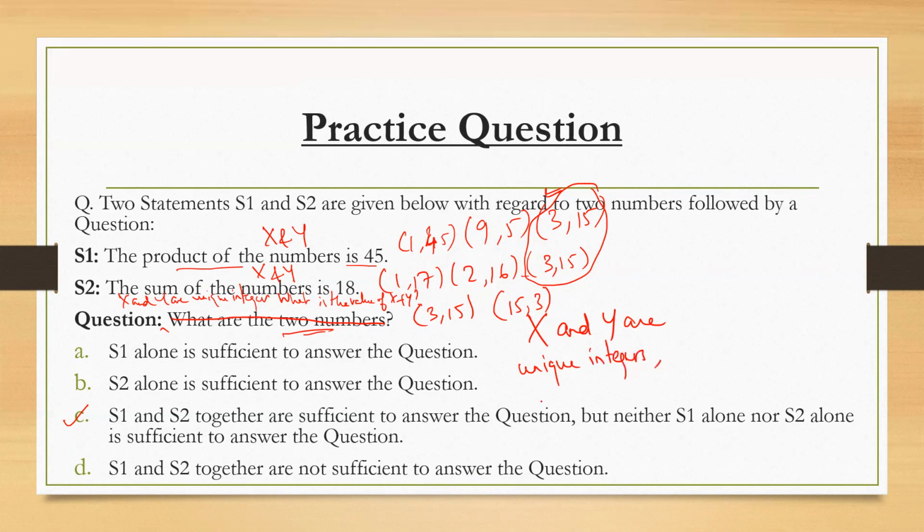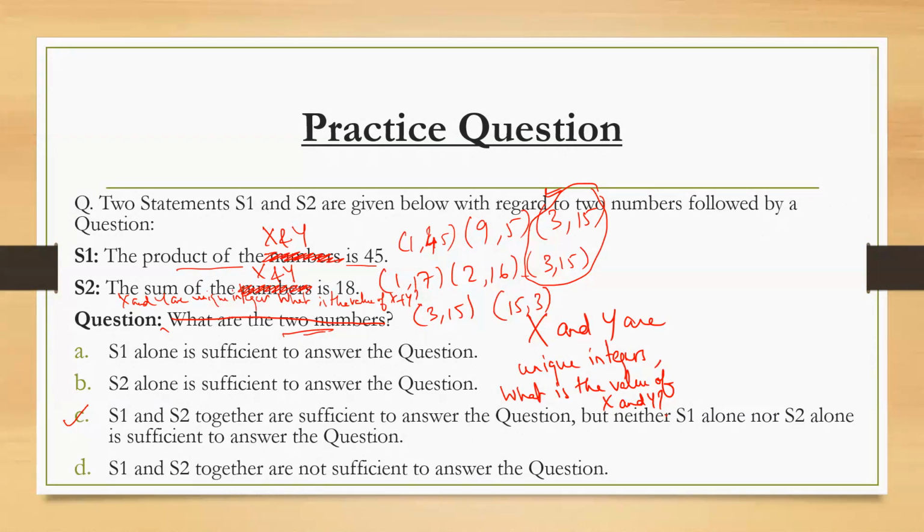In the question, what is the value of X and Y? This is the question that I have now raised. Statement 1 says the product of X and Y is 45. Statement 2 says the sum of X and Y is 18.